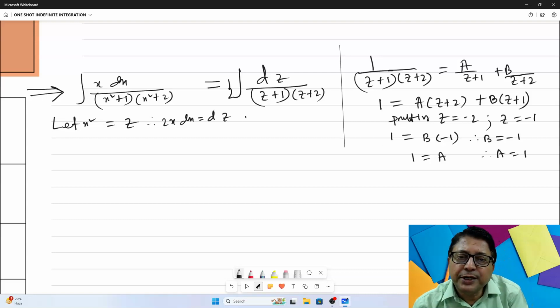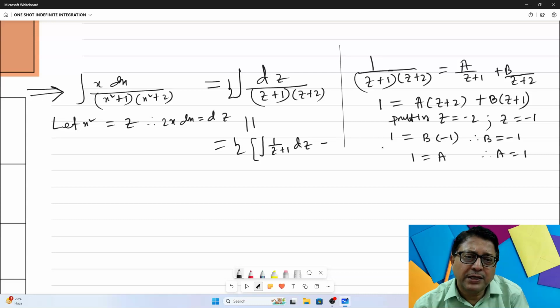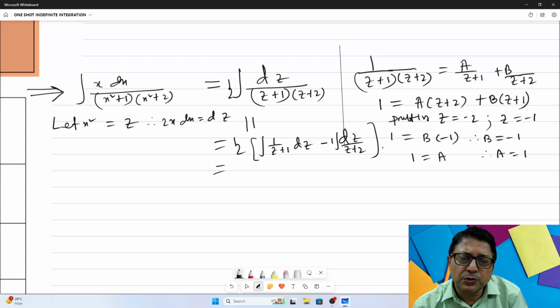So this integrand is now changed to 1 by 2, dz by z plus 1 minus 1 by z plus 2.